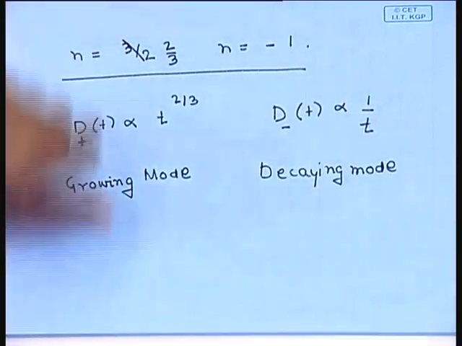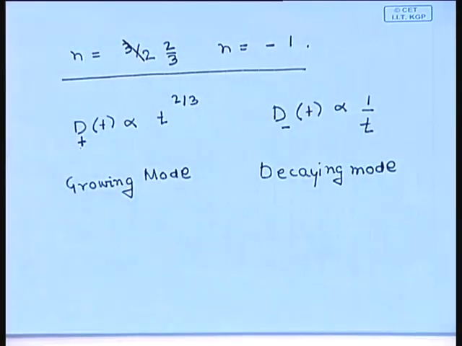And for this cosmological model, the growing mode behaves in exactly the same way as the scale factor. The scale factor grows as t to the power 2/3, the universe expands as t to the power 2/3, and linear perturbations grow in exactly the same way.